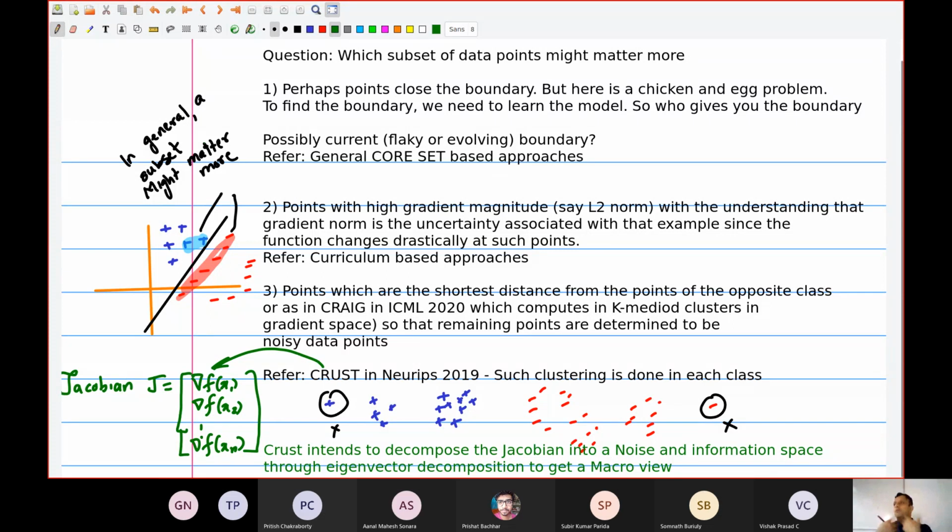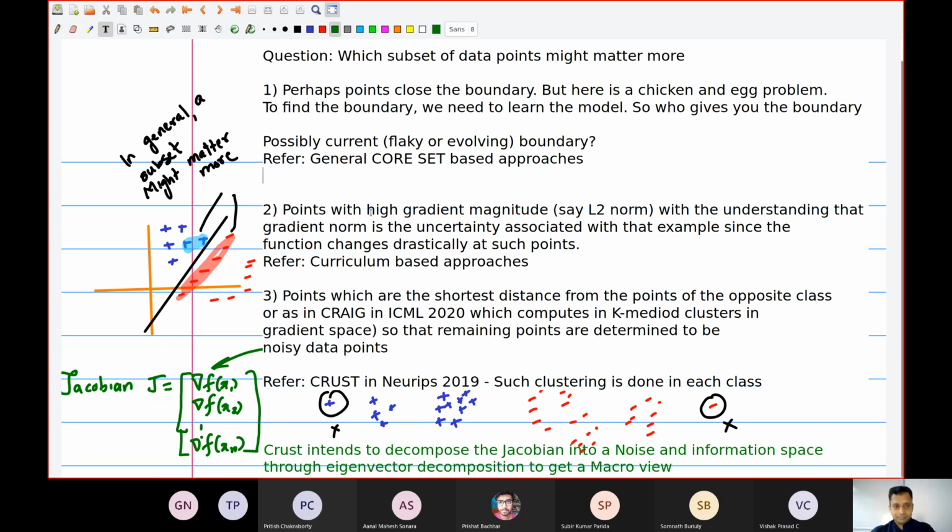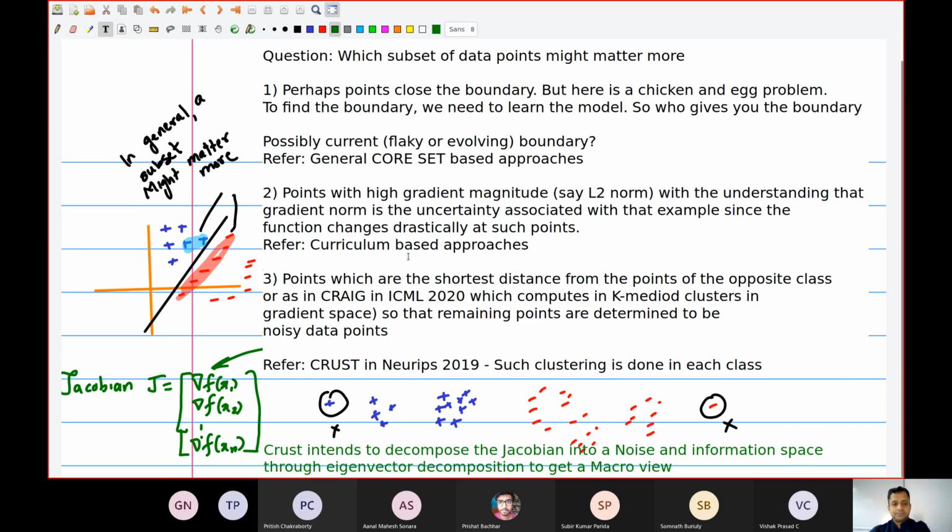So we allow for computing gradients and then kernels on those. And even with those, we can have graph cut, which has a different notion of representation, and then there's DPP, which does diversity. So that's a good point. Let me add that as well.